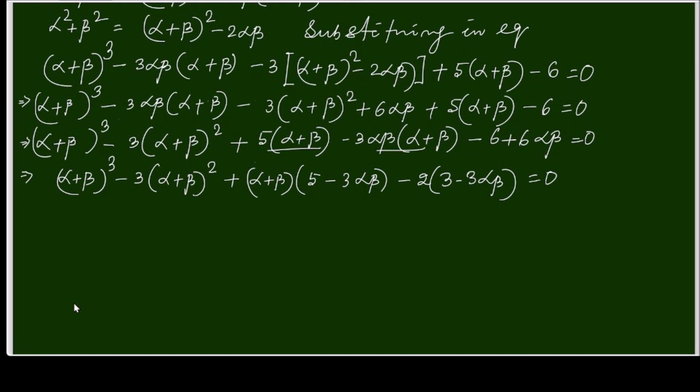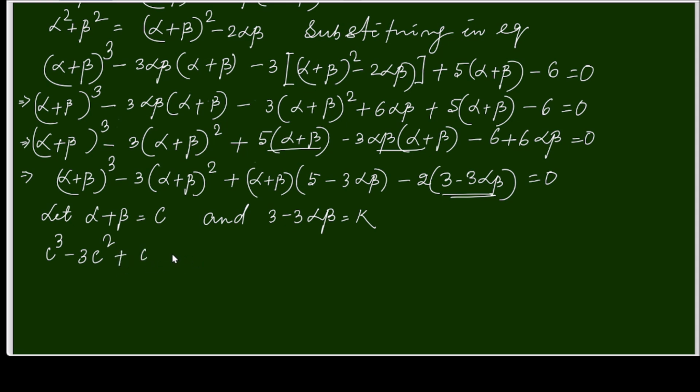So we have to find alpha plus beta, so let alpha plus beta equal C, and 3 minus 3 alpha beta equal K. Then I am getting C cube minus 3C square plus C into K plus 2, minus 2K equals 0.